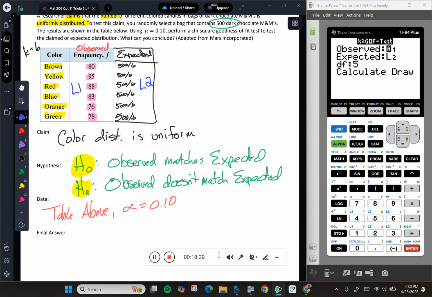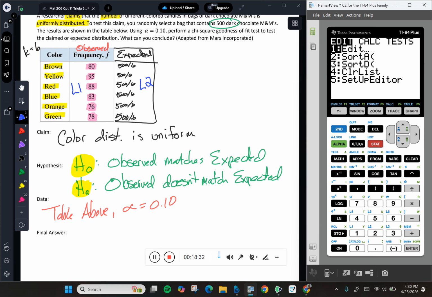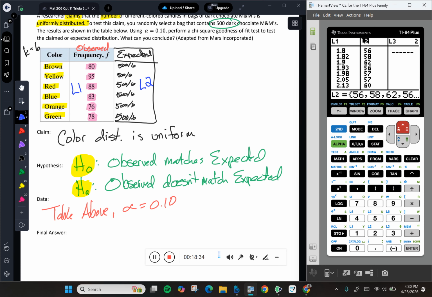Okay, so I need to go back over to stat, to edit. I got some garbage in there from before, so I'll clear it out. Clear it out, and I'm going to put the observed in L1, so 80, 95, 88, 83, 76, and 78.